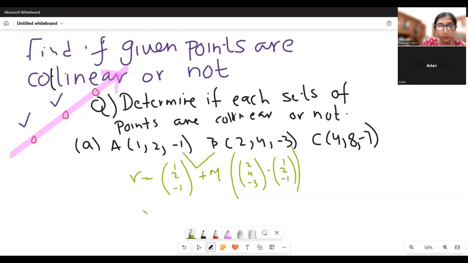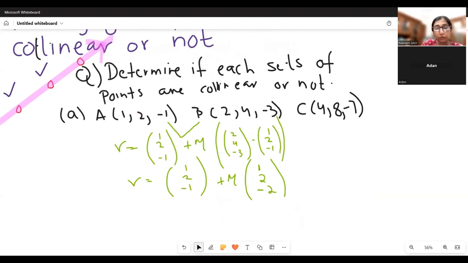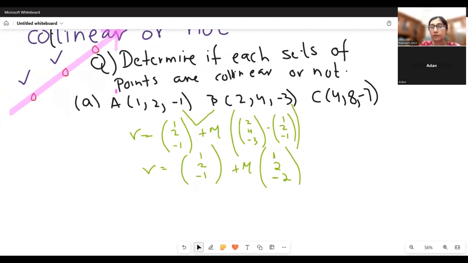So that's going to be (1, 2, -1) plus mu (1, 2, -2). Okay. So that is going to be the vector line passing through points A and B. Now we're going to check if C lies on this vector line or not.